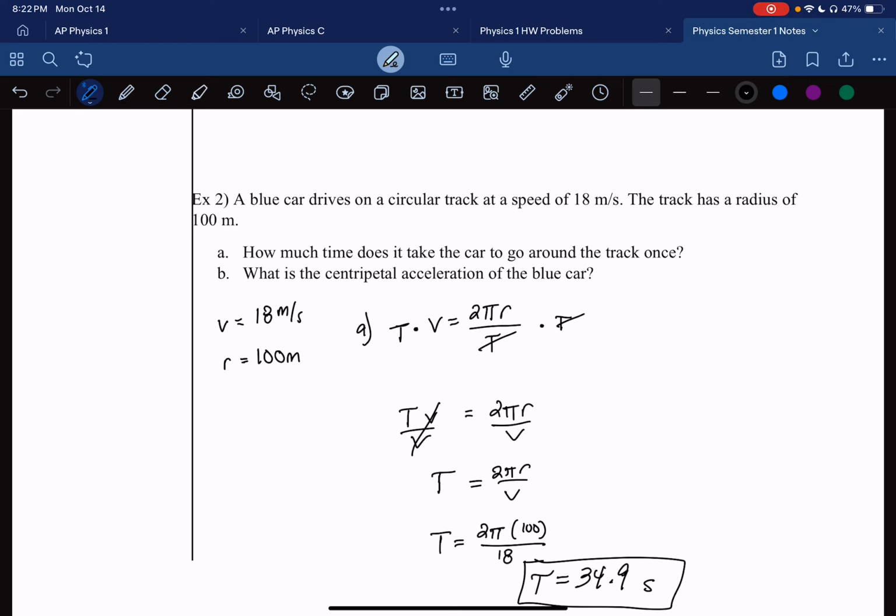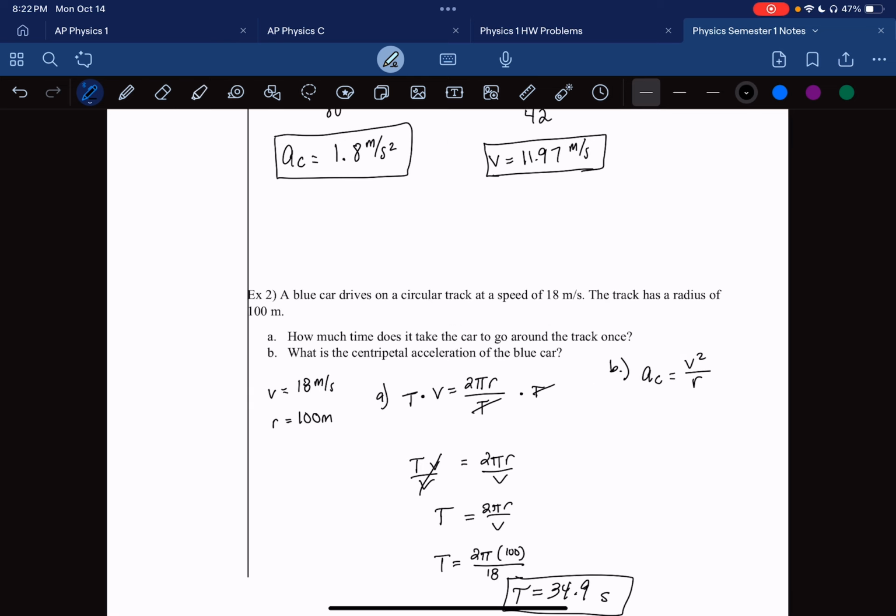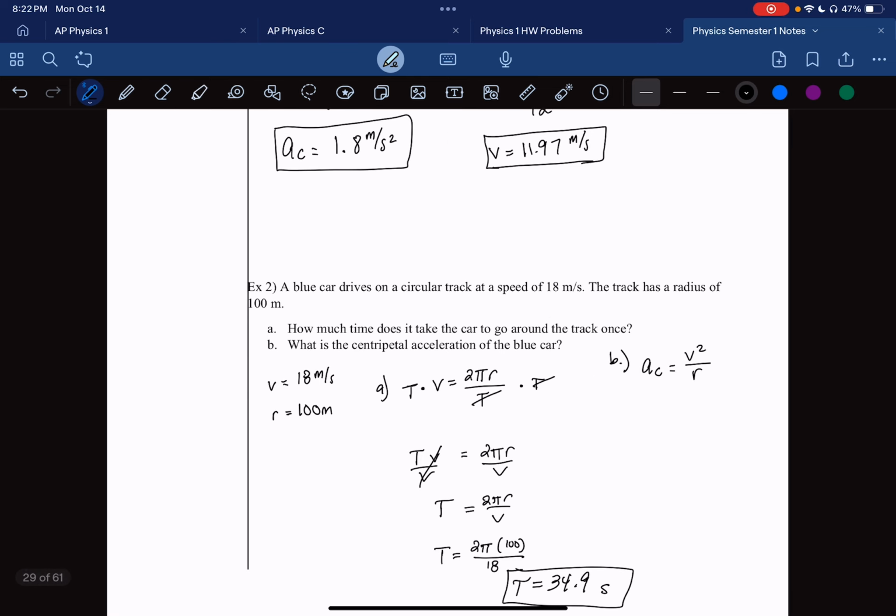So let's go to part B. What is the centripetal acceleration? V squared over R. And we can just solve it. It's 18 squared, and R is 100. We get 3.24 for the centripetal acceleration.